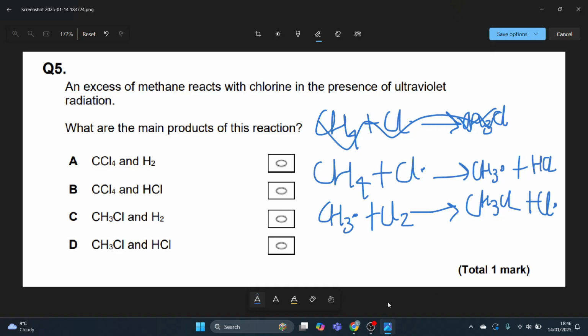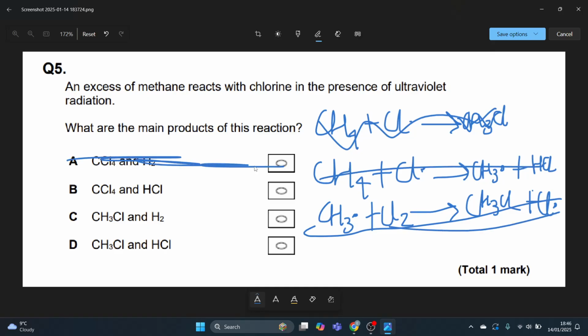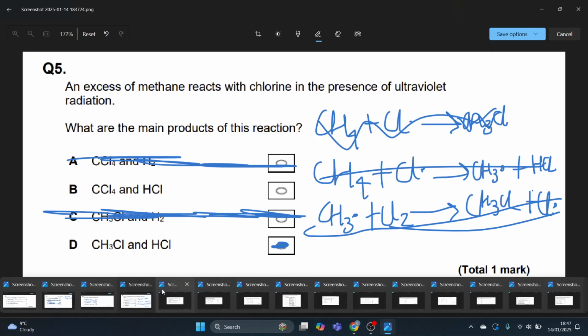So no, CH3Cl plus HCl. Yeah, I'm overcomplicating it. I don't even need to actually go through these equations. I know hydrogen definitely isn't going to be produced. So I'm left with B, and D is definitely going to be D, because how can... Yeah, it's definitely going to be D.